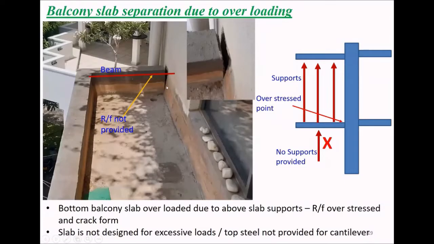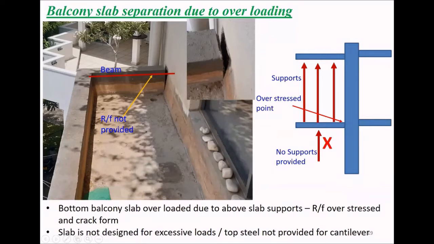This is another bad practice we see in most projects. You can see this picture. This is the balcony. Actually, this is a flower trough, right? You can see the first thing, I don't know, there is some kind of design mistake or construction mistake. I have enlarged this one and given the picture here.